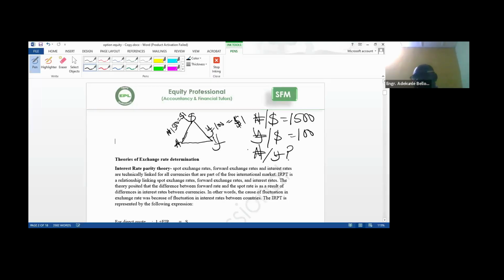There's no direct relationship between the naira currency and the Japanese yen. But we can use the relationship between naira and dollar and Japanese yen and dollar to derive the relationship between naira and yen. That is the cross rate.